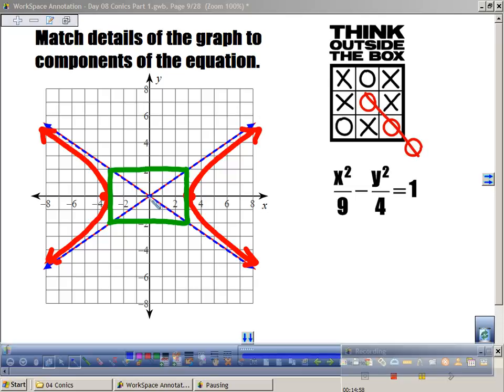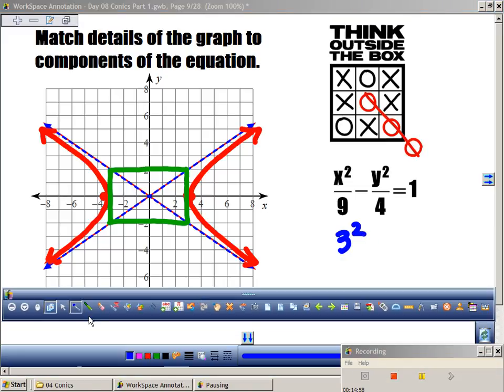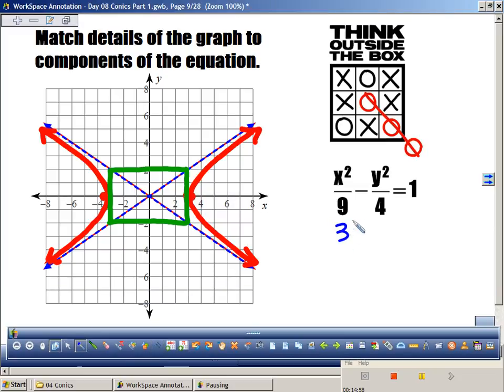On the x. So I got 9? 3. Good. So this is 3 squared. I should change it. So this should be 3 squared, which makes this distance 3. It's going to be a lot of stuff in there, right?